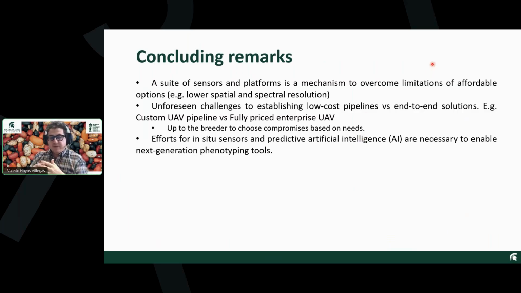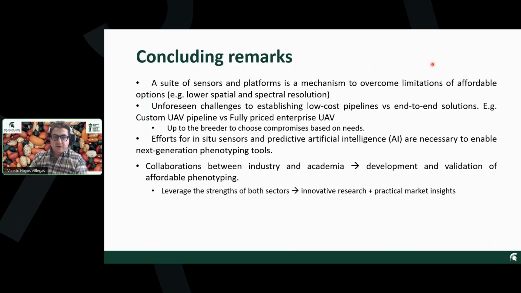The efforts for in situ and predictive artificial intelligence are necessary to enable next-generation phenotyping tools. In other words, since data analysis is a major bottleneck, perhaps there is an opportunity for AI to alleviate some of these costs and also the delays it causes, so that breeding programs can make timely decisions.